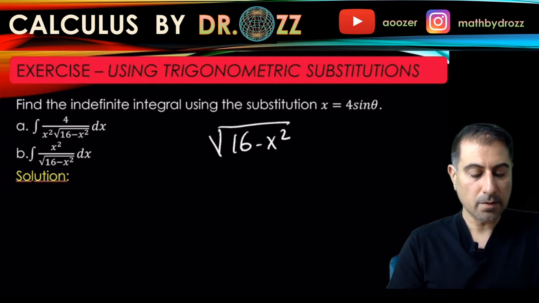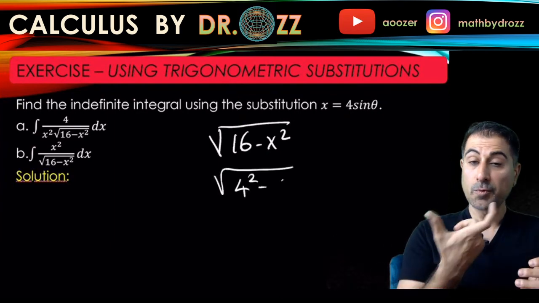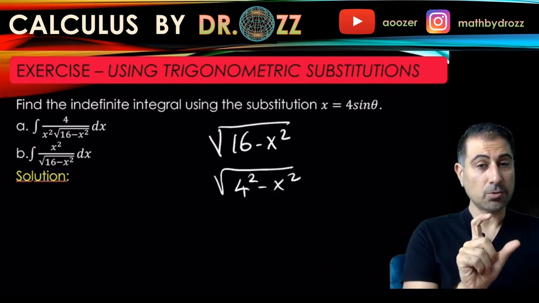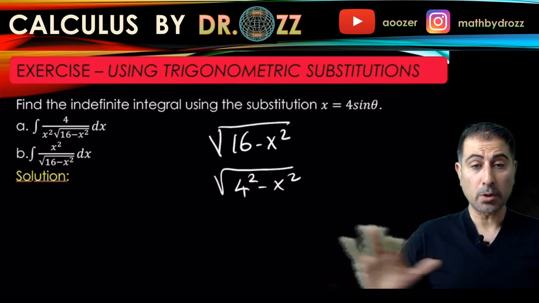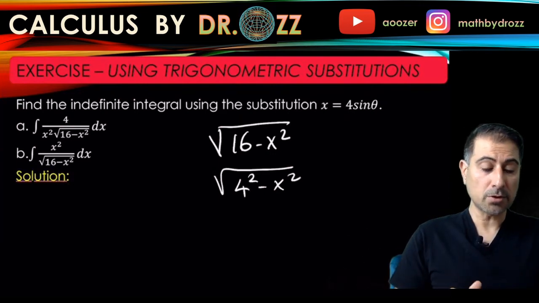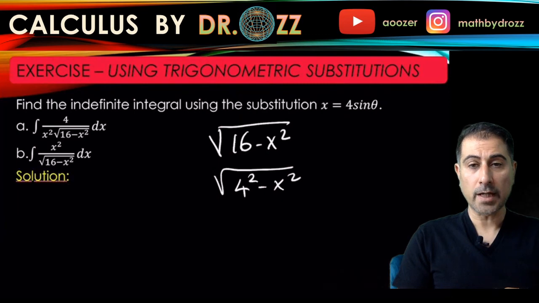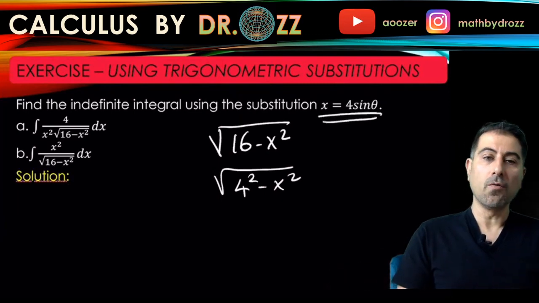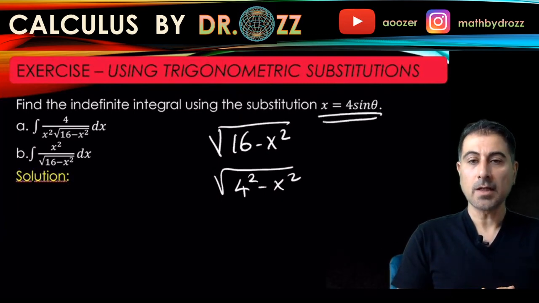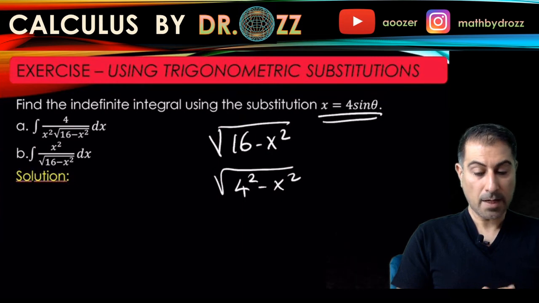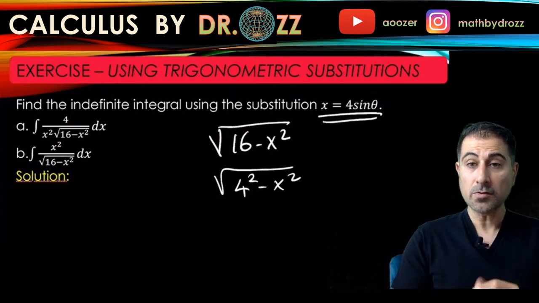In other words, this is 4 squared minus x squared. But if you switch the order, if you write this as x squared minus 4 squared, that's a totally different deal, and this substitution will not work. This could be one of those homework or exercise problems, and I may mention that in other videos.